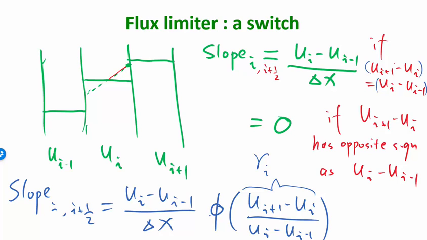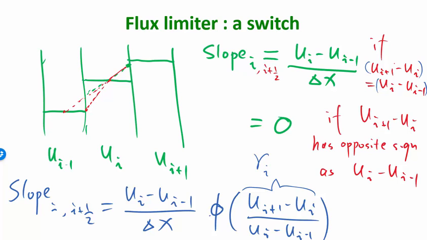It means the reconstructed slope cannot be twice as steep as the slope of connecting this center with that center. Let me actually draw it. If you connect this with this center, it is going to be like that, and twice as steep is exactly connecting this point with the center.